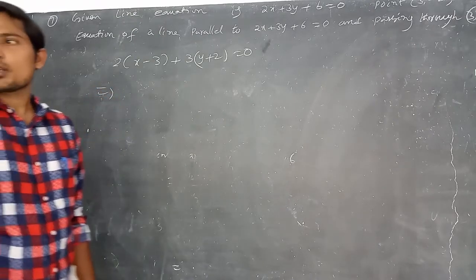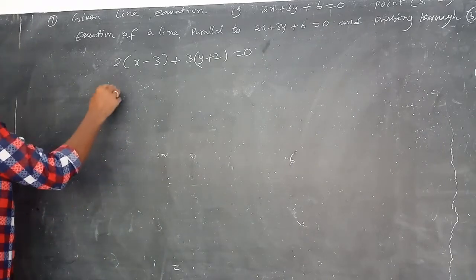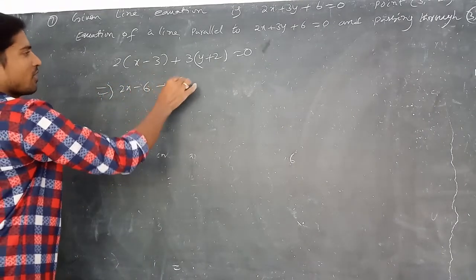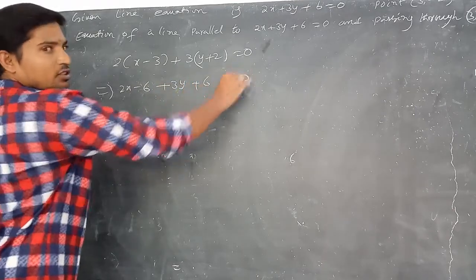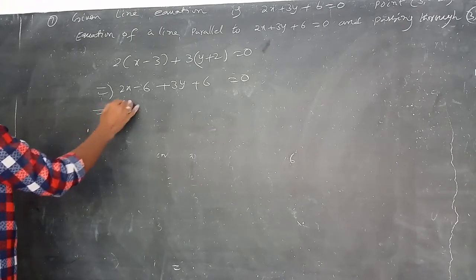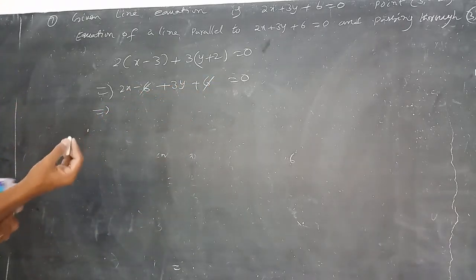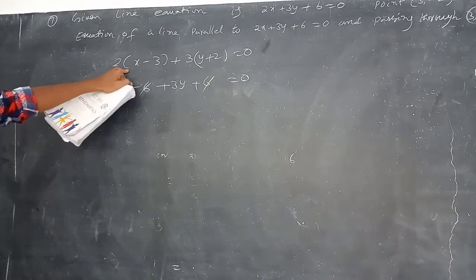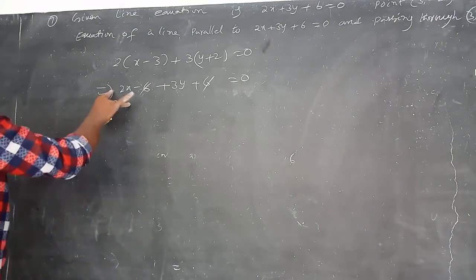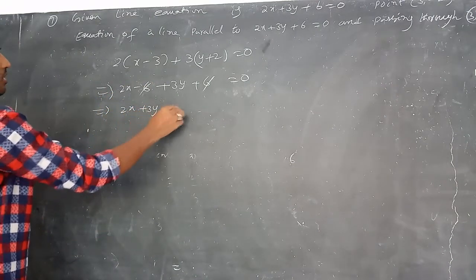2x minus 6 plus 3y plus 6 equal to 0. So 2x plus 3y equal to 0.